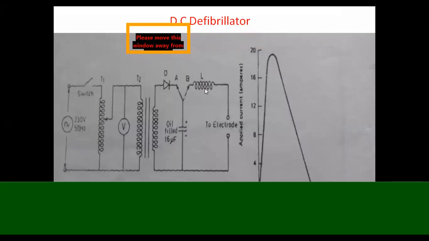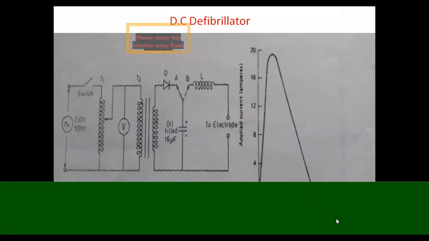Okay, spikes do not occur. By using an inductor, the voltage discharged from the capacitor has no spikes. There is some shape of the discharge waveform that occurs.